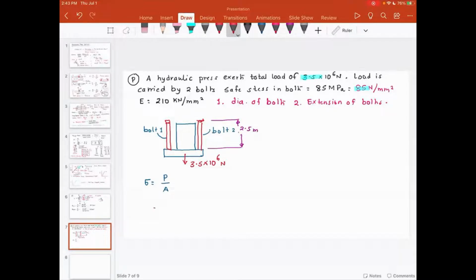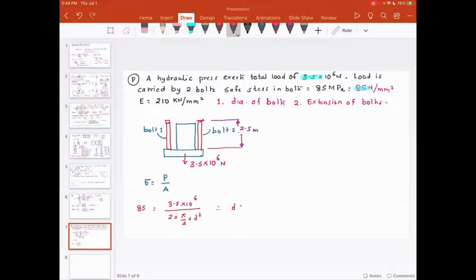Since there are 2 bolts, 3.5 times 10 to the power 6 equals 85 times 2 times pi by 4 d square.